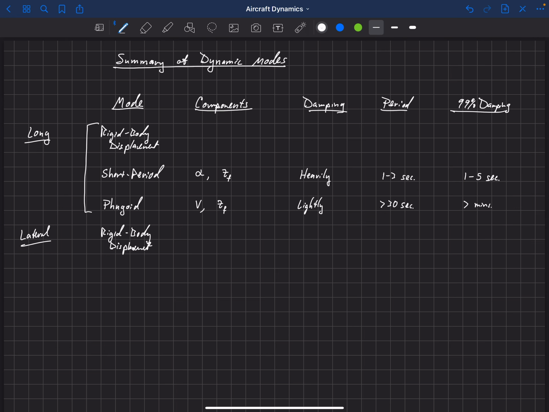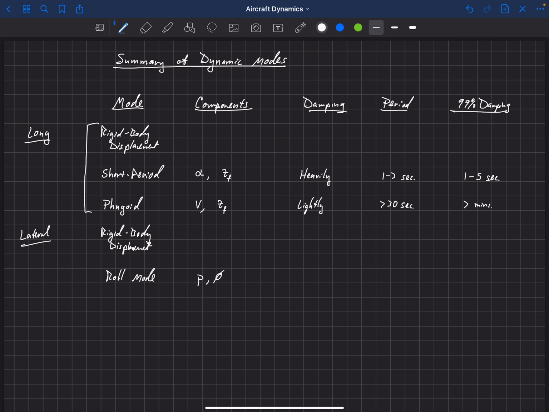Okay, so the real ones are for the roll mode. That's a change in our rolling rate, so it's related to p and phi. That's how quickly we approach a steady rolling rate, and we usually sense that through a change in bank angle.